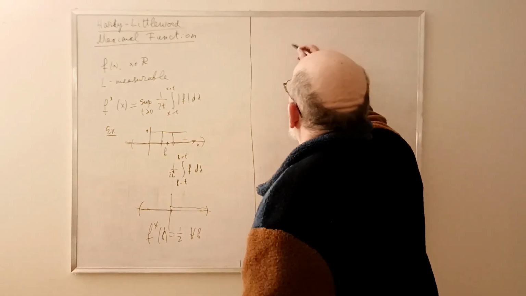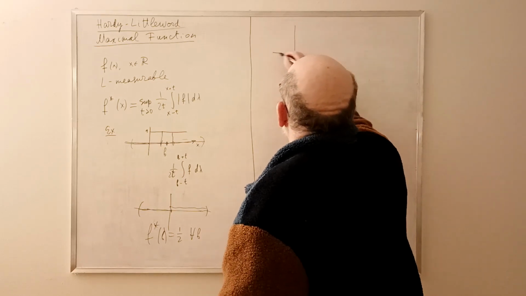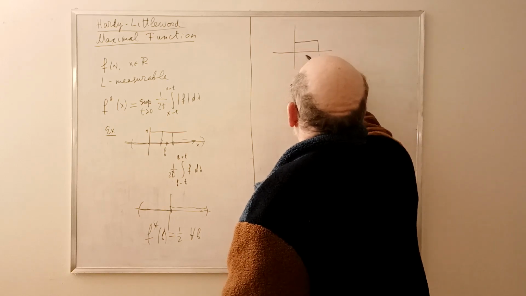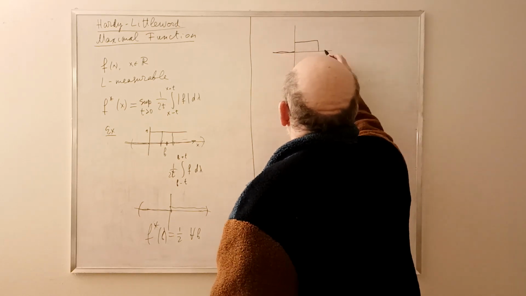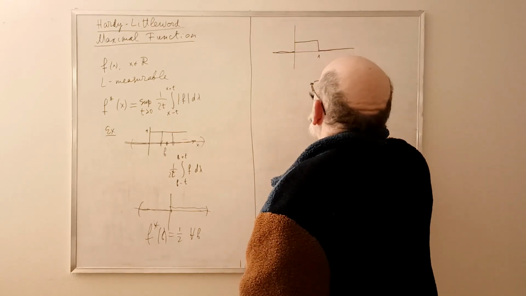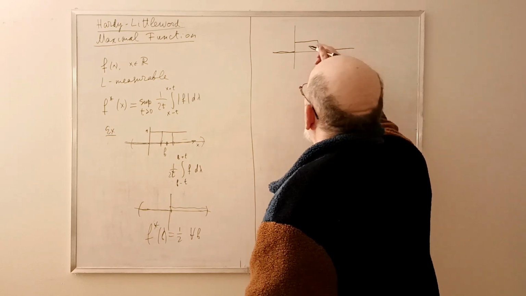Now, if our function is, say, the characteristic function of the segment 0, 1, so here it is 0, here it is 0, and here it is 1, then we have a different situation.